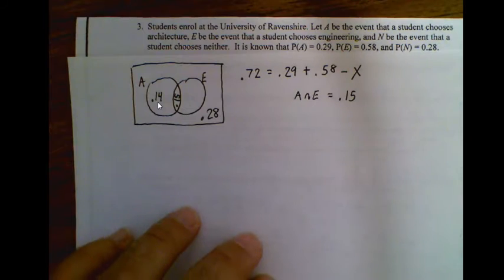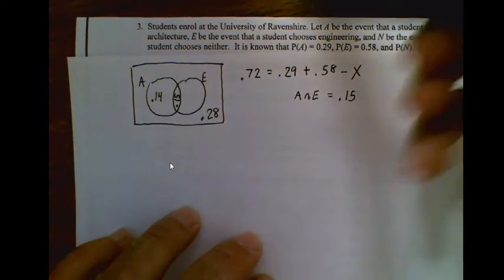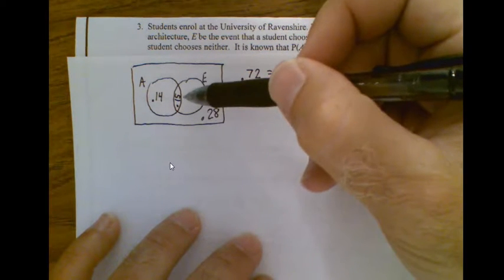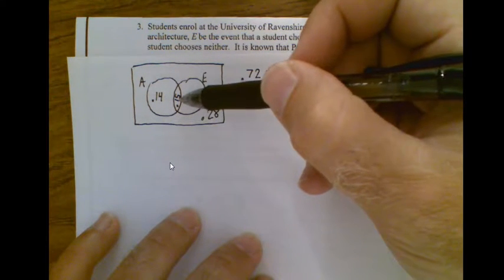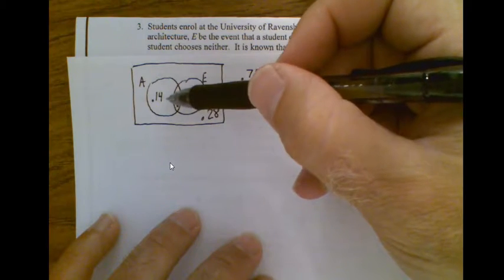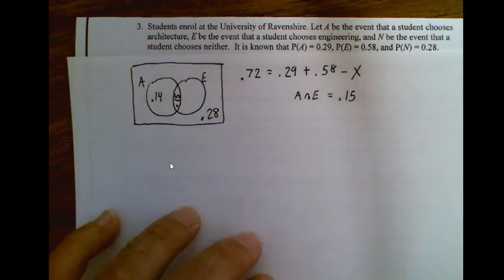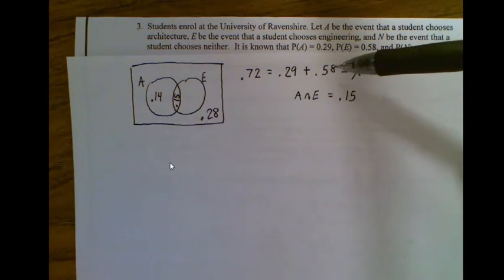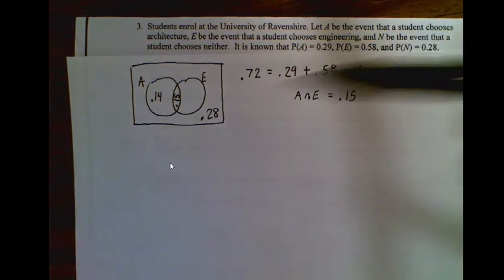Architecture only. So you have all the people that do architecture. Some of those people also do engineering, and the other people just do architecture only. That's the way the architecture group was broken up. We can do the same thing with the engineering group. They were 58%.